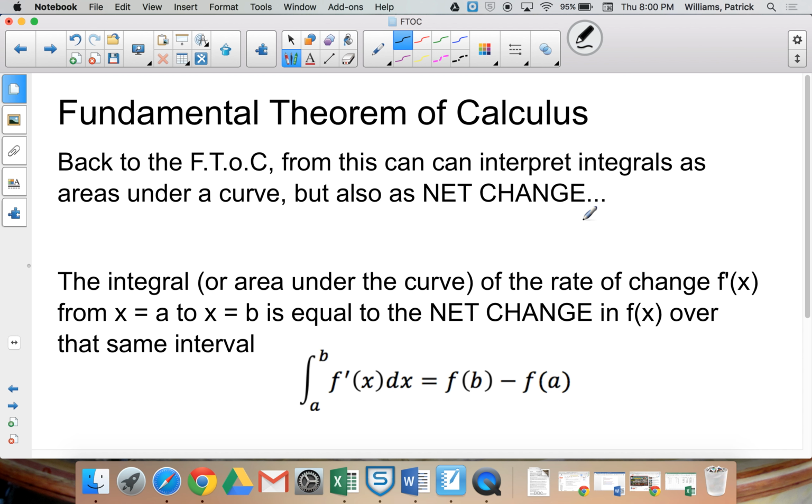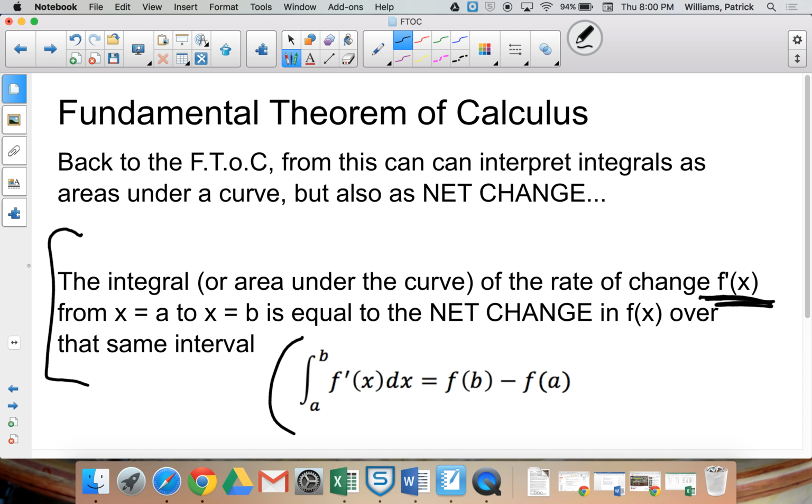The wording and the symbology right here are very, very important because a lot of students actually get this wrong. I'll read it right here and go over how students get this wrong. And that's that the integral, or the area under the curve, of the rate of change of a derivative. Now, it's very important that you're looking at a derivative in here.